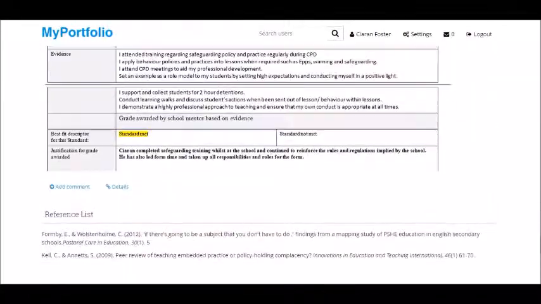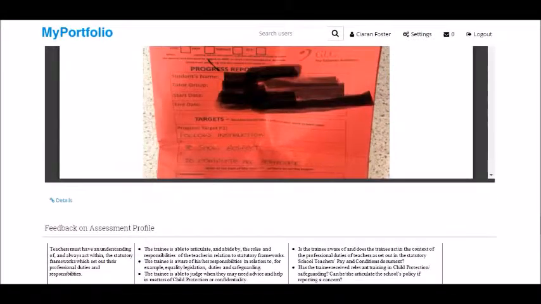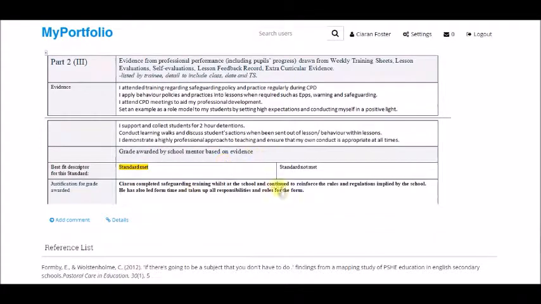So that is mainly it for the teaching standard here. If we go to my assessment profile, which we can see after the feedback, I completed safeguarding training whilst I was at the school to continue to reinforce rules and regulations implied by the school. I also led form tutor time and took over all responsibilities and roles for the form.